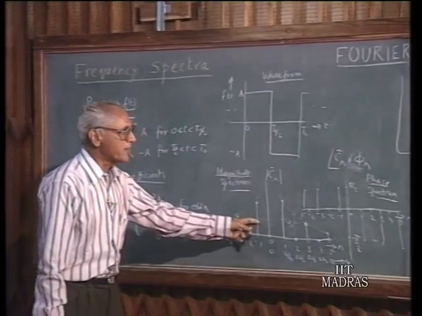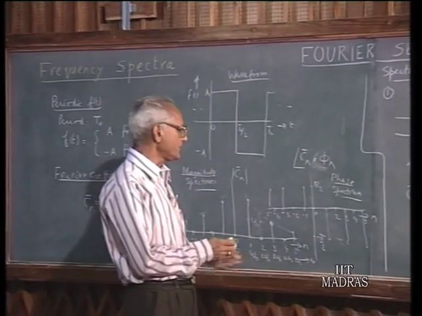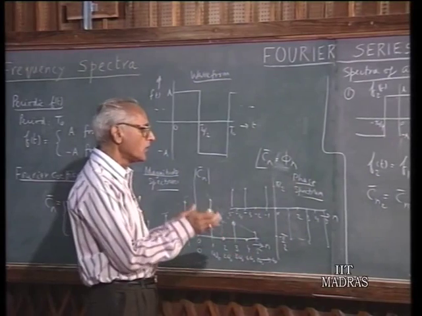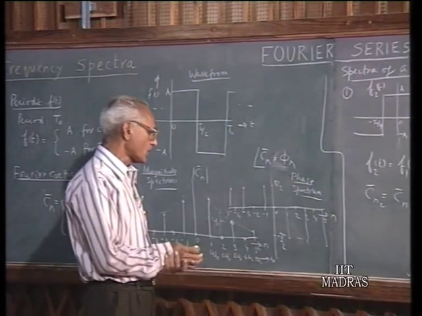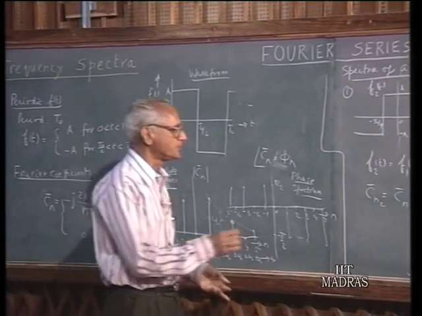So, this magnitude spectrum and that will be identical. Phase, however, gets modified. So, instead of this phase, at each component you have an addition of n times pi upon 2.